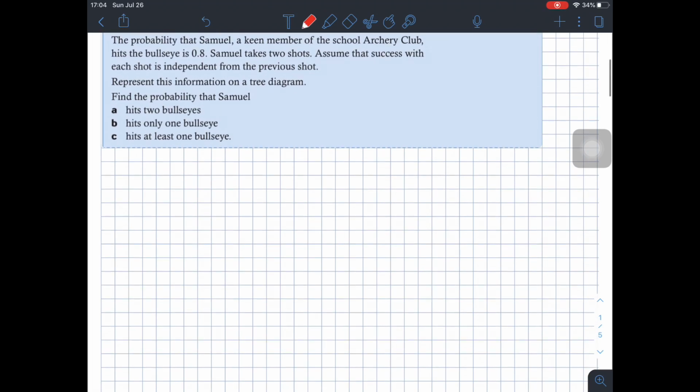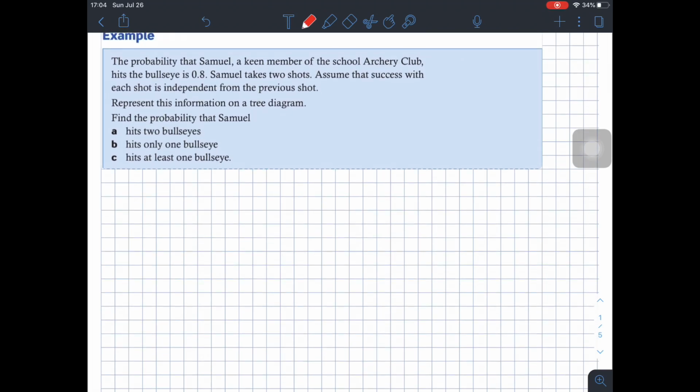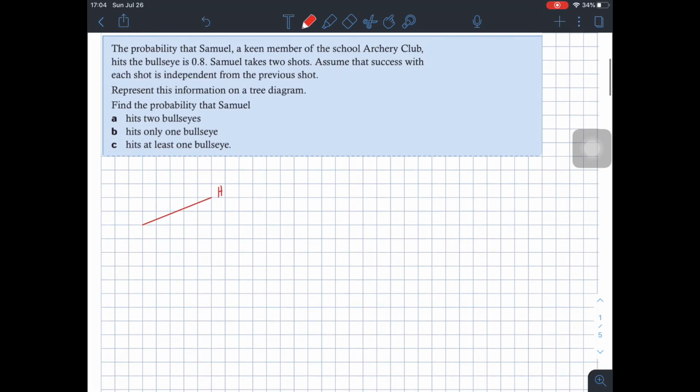So our tree diagram will start with 2 branches, right? Because there are 2 alternatives. Either Samuel hits, I'm going to write it as an H, or Samuel misses the shot, M, right? So this would be the first shot he attempts. Then, after his first shot is done, he again has the second shot.